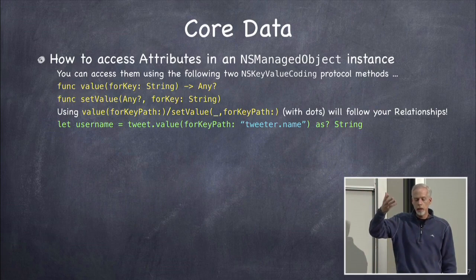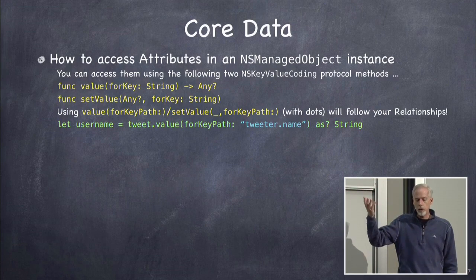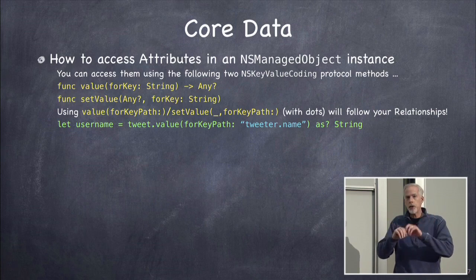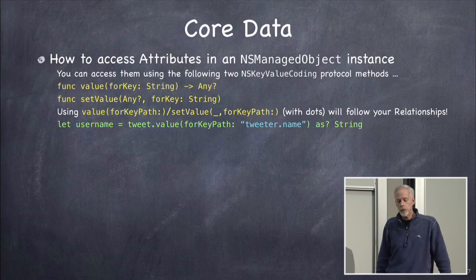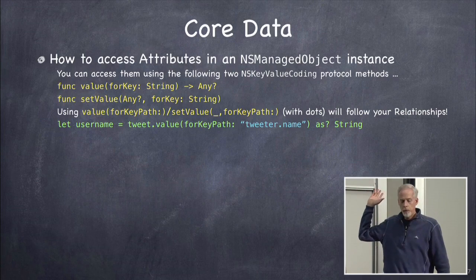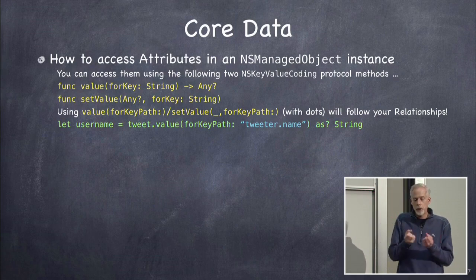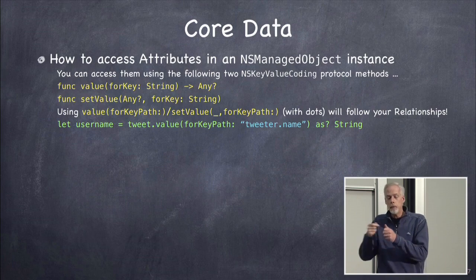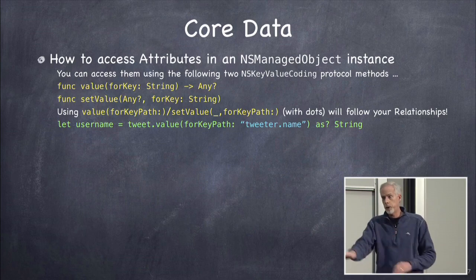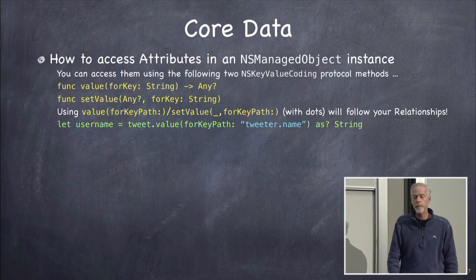I could just say tweet.setValue(forKey: "text") to be a string. And you can do dot notation here with value for key path. That's what I'm showing in green right there. If you had a tweet, you could actually set the tweeter's name using this dot notation, setValue(forKeyPath: "tweeter.name"), and it would go through the tweeter relationship, which is kind of fun.